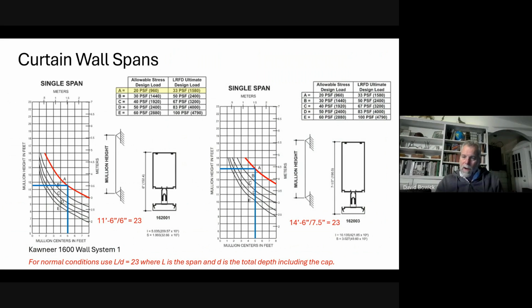We go up our 5 foot column to our curve A. Over to the left, we have a 14.5 foot maximum span for a 7.5 inch deep channel. 14.5 feet divided by 7.5 inches is 23. So same rule. It's a nice reliable rule that works for the 6 inch and the 7.5 inch section.